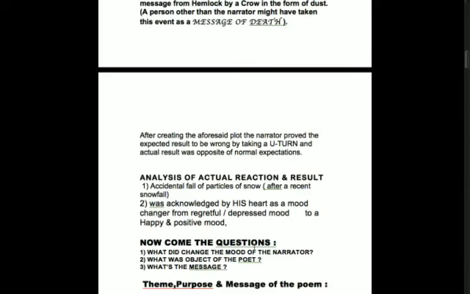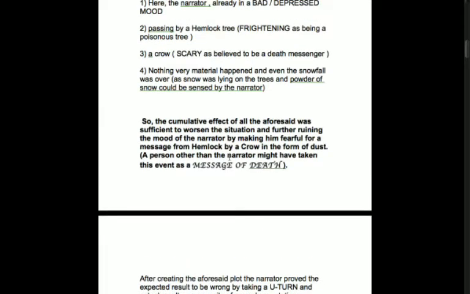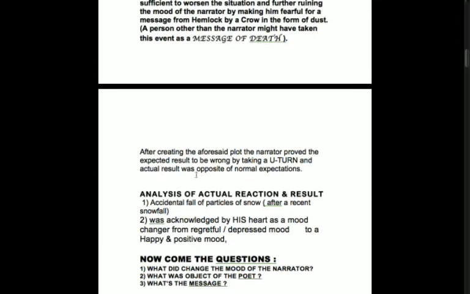After creating the aforesaid plot, the narrator proved the expected result to be wrong by taking a U-turn, and the actual result was opposite of normal expectations, what any person would understand. Now let's analyze the actual reaction and result, which is explained by the narrator in the second stanza. Accidental fall of particles of snow after a recent snowfall, that is the event of the first stanza, was acknowledged by his heart as a mood changer from a regretful or depressed mood to a happy or positive mood.